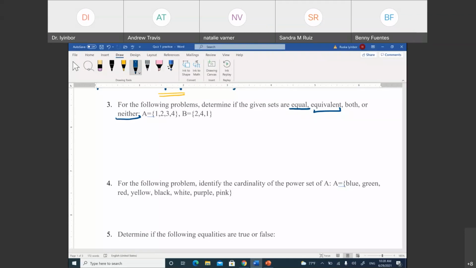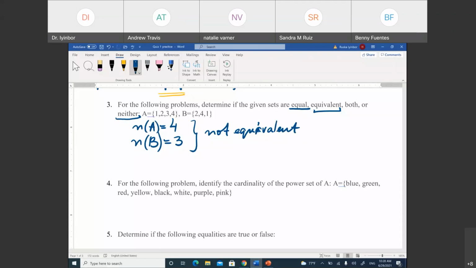So let's look at the set A. What is the cardinality of set A? 4. Set B has cardinality 1, 2, 3, right? So because they have different cardinality, that means they're not equivalent, right? They're not equal because they have different elements.